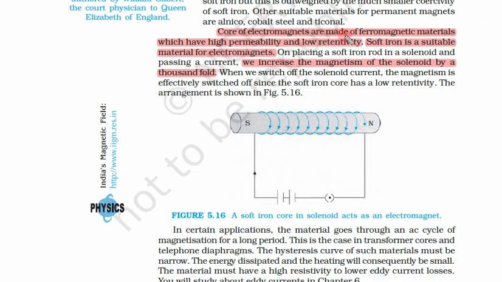So we have learned about permanent magnets. Now we need electromagnets. That means as soon as we remove electricity, the magnetization will become zero. The cores of electromagnets are made of ferromagnetic materials which have high permeability and low retentivity.